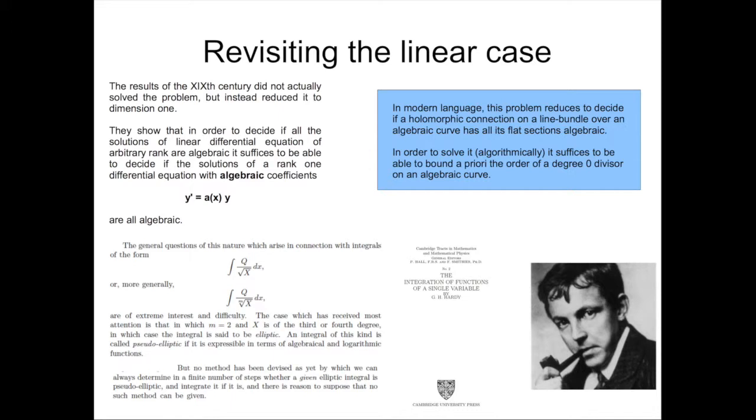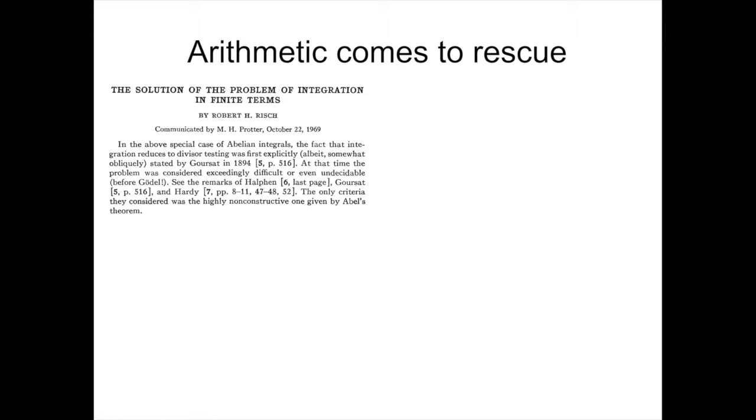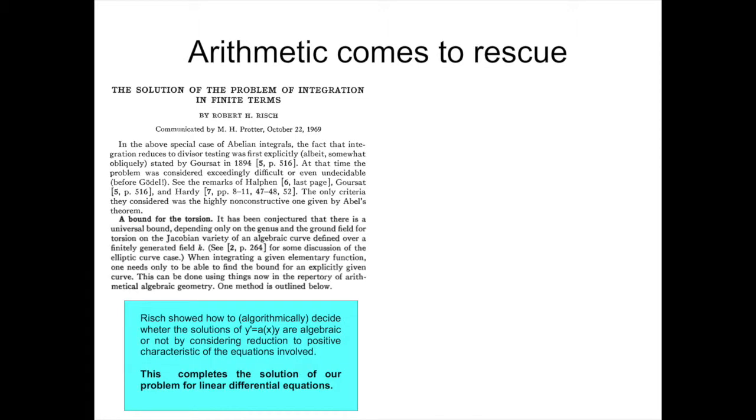And I guess for an analyst, this seems kind of an impossible problem. I don't see how to do it numerically, but it was solved by Katz, and what he did was to decide algorithmically whether the solutions of y' = A(x)y are algebraic by reducing to positive characteristic the equations involved.